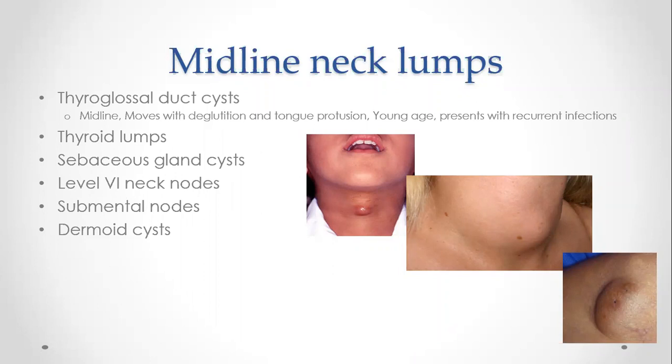So it drains from the thyroid, trachea, and esophagus. Another midline swelling is the submental lymph nodes. Another midline swelling is what we call a thyroglossal cyst. This is a developmental cyst.